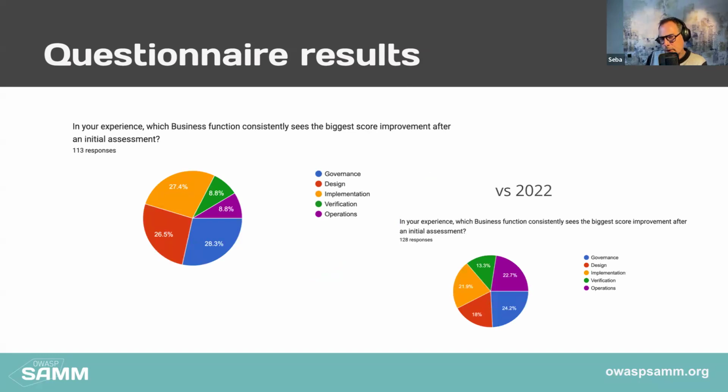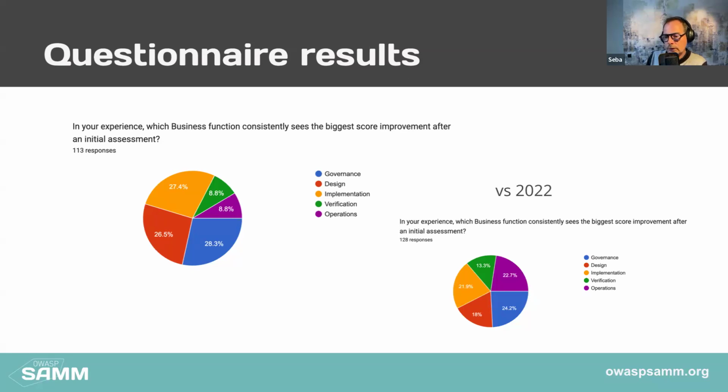We also had the question: in your experience, when you implement a roadmap, where do you see the biggest improvements? What we see here is that overall, especially design and implementation, and a little bit governance, have improved higher or faster than we saw in the previous survey.